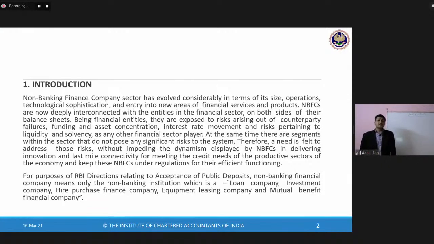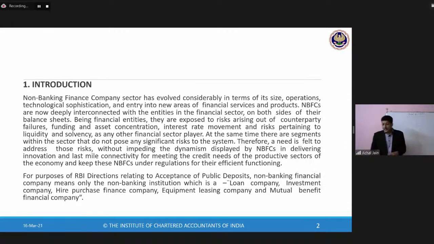The provisions in respect of advancement of a loan by the NBFC to any other entity are not as stringent as is the case for a bank. Those are slightly diluted.